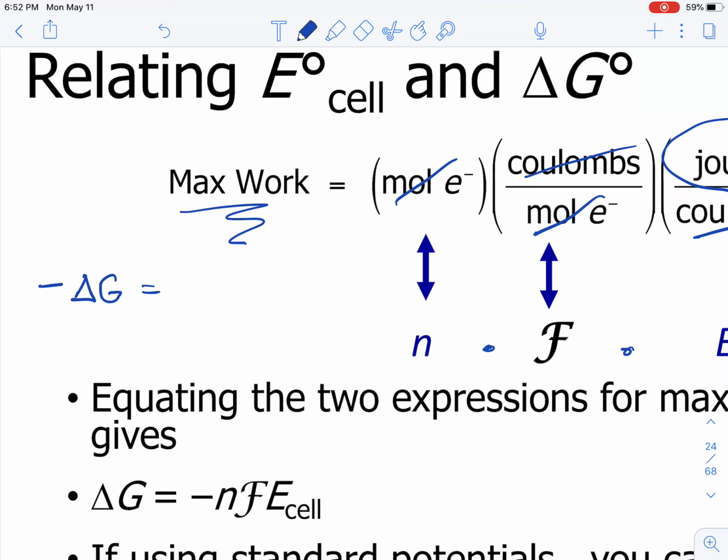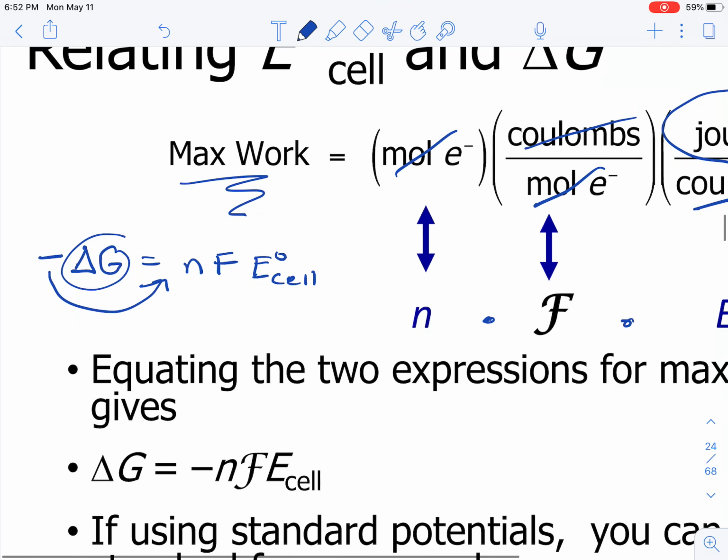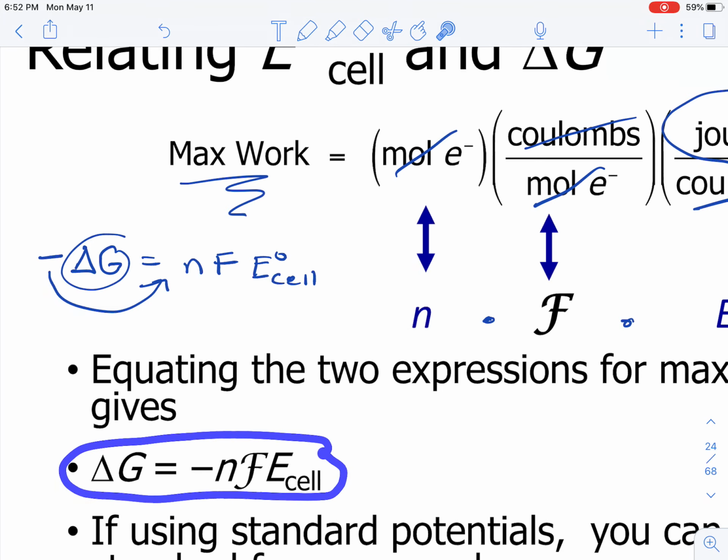Now, if that is equal to n F E, solving for delta G, I'm going to move that negative to the other side. In doing so, I will get this equation.